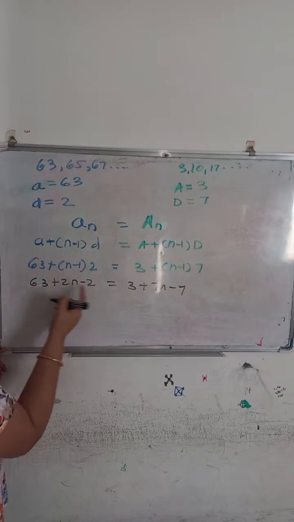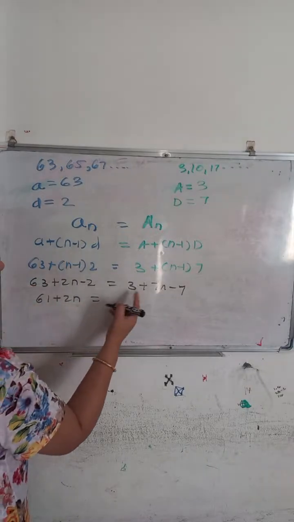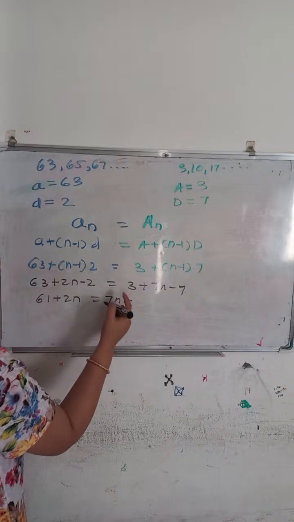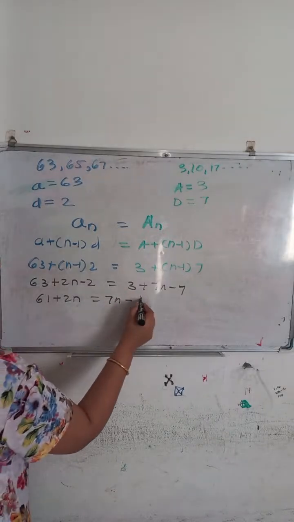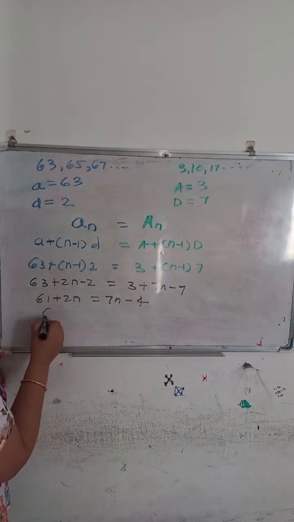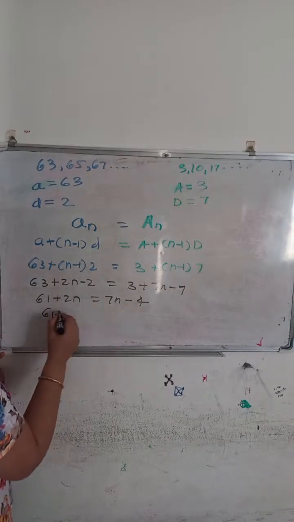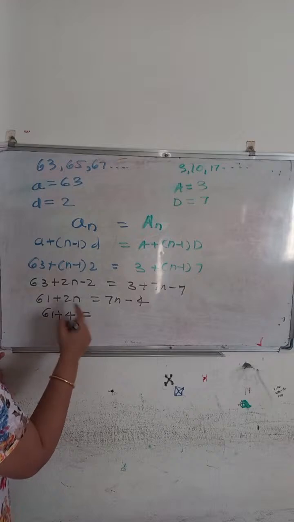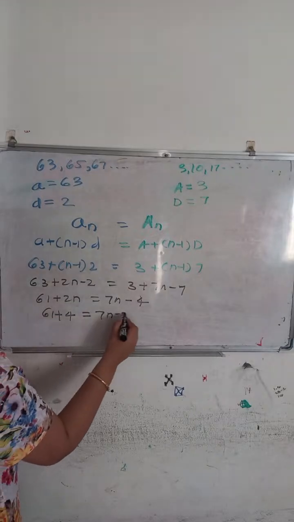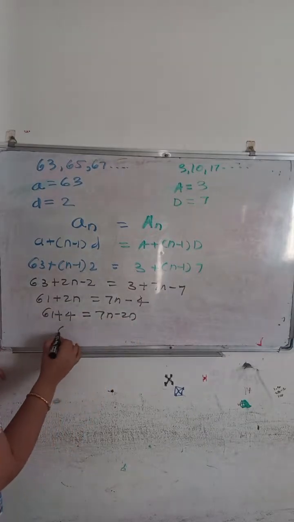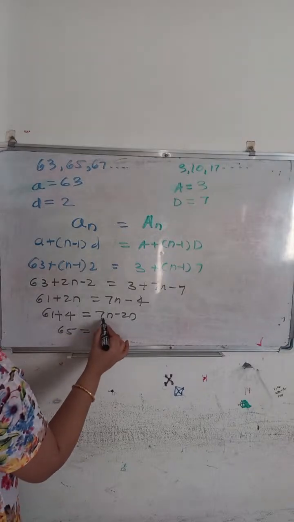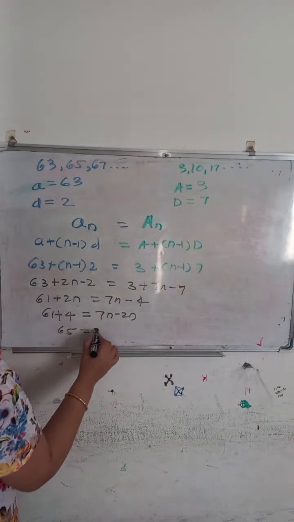So 63 minus 2 is 61, plus 2n is equal to 7n minus 7 minus 3, which is nothing but 4. Here 61 and minus 4 you can transpose, it will become plus. 2n you can transpose, that will become minus. 61 plus 4 is 65 and 7 minus 2 is 5n.